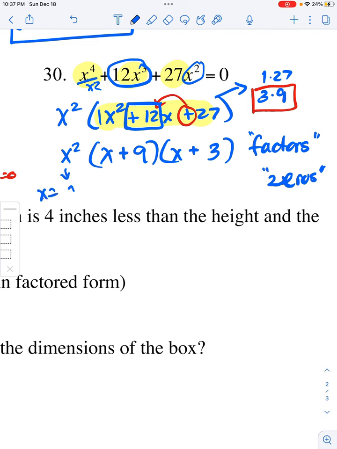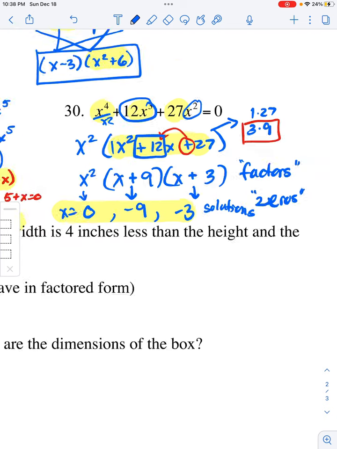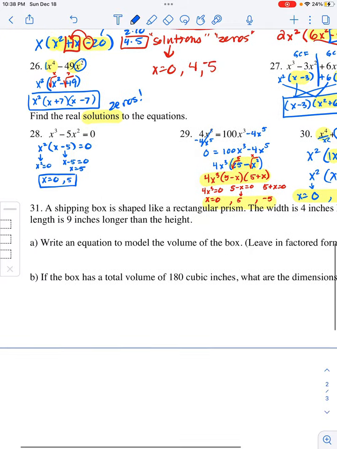What would x have to be here to make that equal 0? And the answer would be negative 9. What would x have to be here to make that equal 0? And the answer is negative 3. So these are my solutions or zeros, which is what it's asking for in that section.